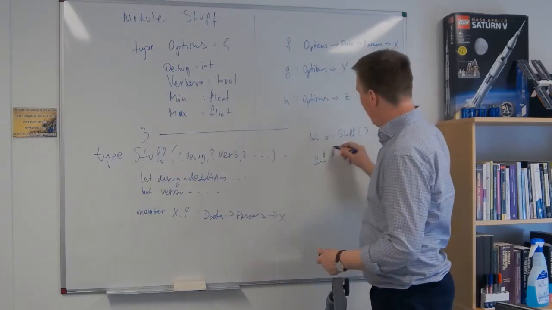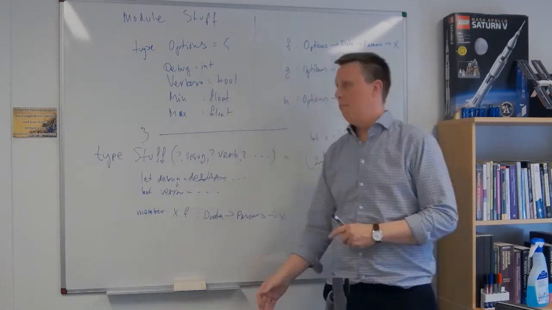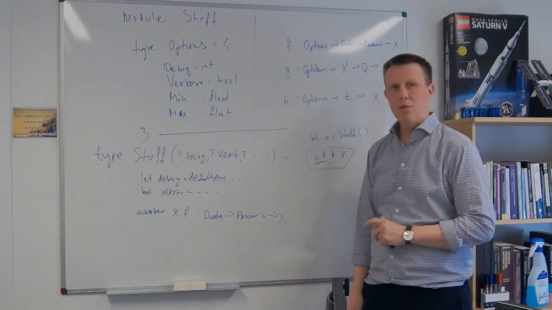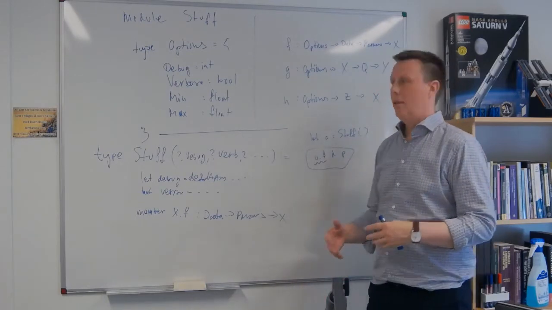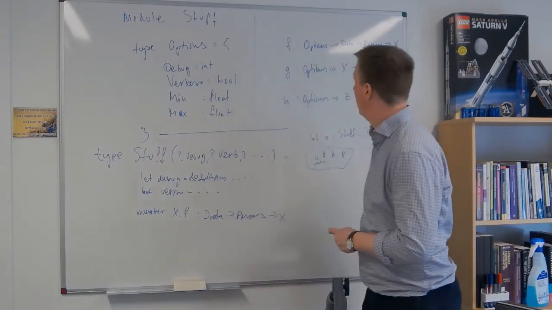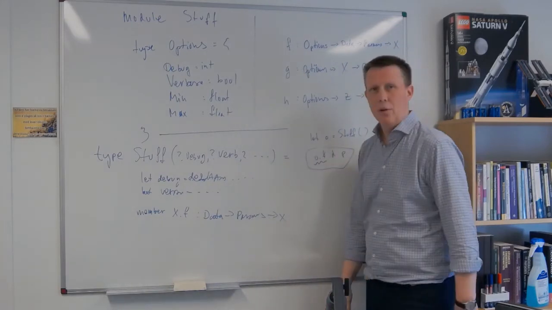So this is just a trick where I'm basically staying super functional, but I have access to some internal globals that can be configurable. So this is quite nice. This is a good approach, no question.